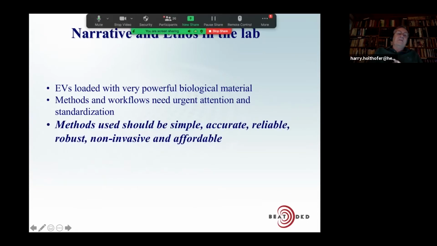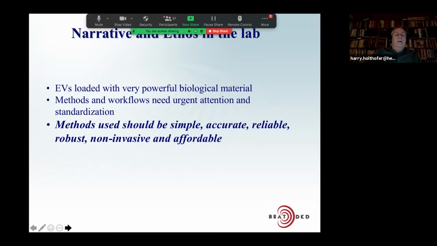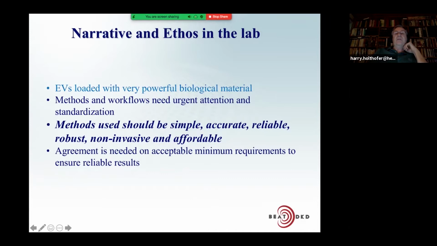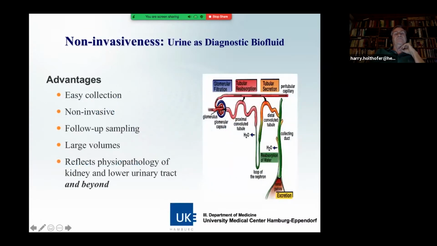But something extremely important for us is that the methods should be simple, accurate, reliable, robust, non-invasive, and affordable. Yes, we still need agreement on the minimum requirements to ensure reliable results that are comparable to results from other laboratories. So there is lots of work to do, and of course I'm the first one to acknowledge the beautiful work that has already been done on standardization.